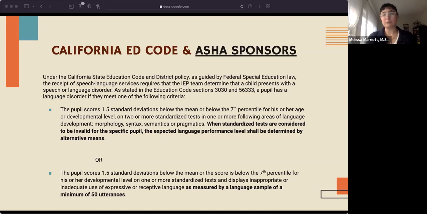So it's really important to consider those things when we're thinking about how we are assessing students, what kind of information we're getting, and how we're getting that information. So again, language samples are included in the alternative measures, even though the research supports that language samples are more accurate than many forms of standardized assessment.